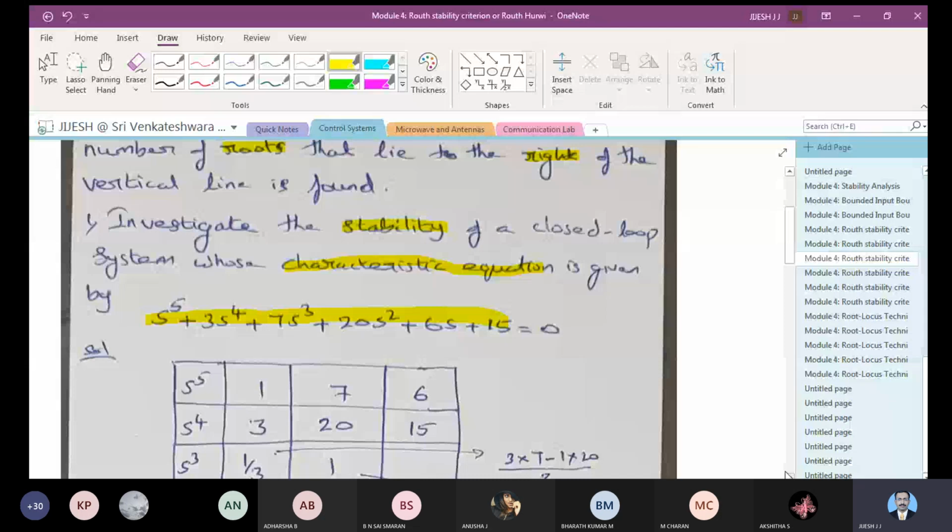Just what you have to do, all of you, you can see here. You have to multiply 3 into 7 minus 1 into 20 divided by 3. Next, 3 into 6 minus 1 into 15 divided by 3.